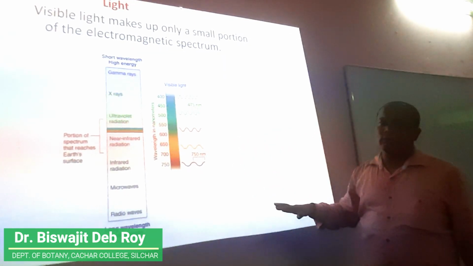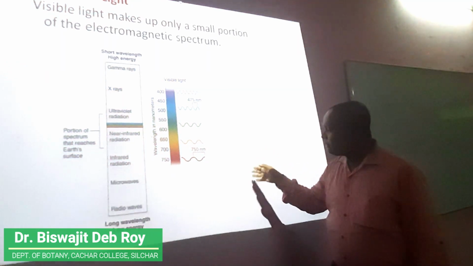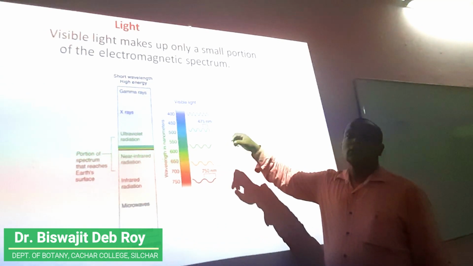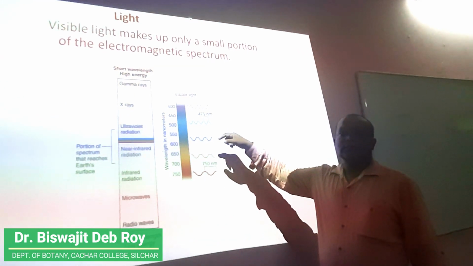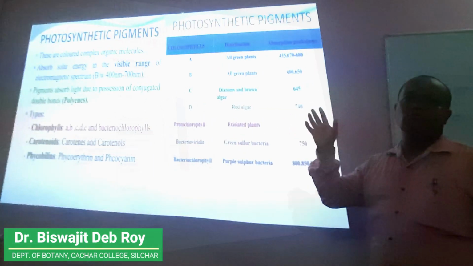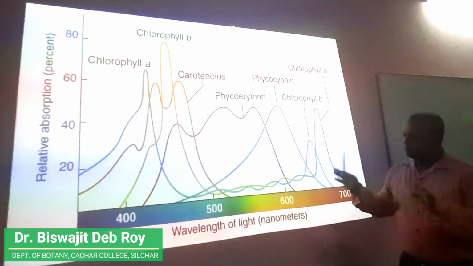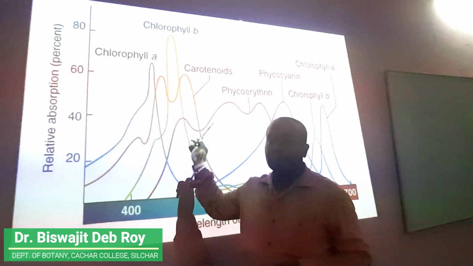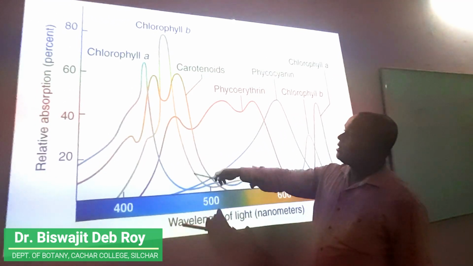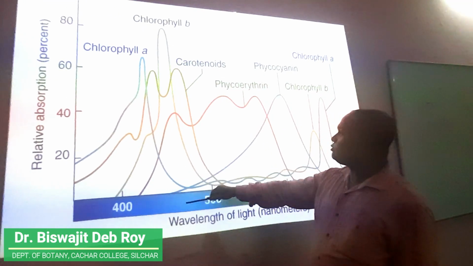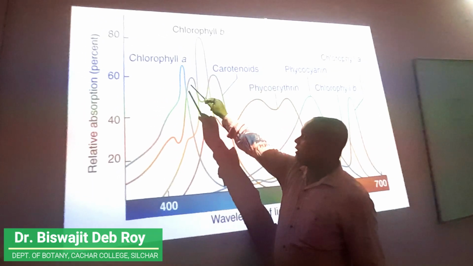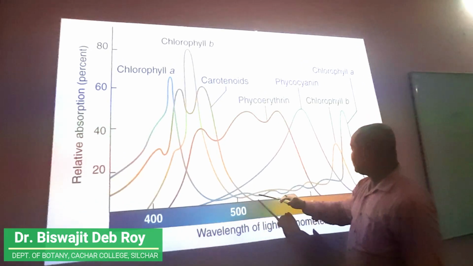And what is the absorption spectrum? In the x-axis we have the wavelength, and in the y-axis we put the absorbance. You see the wavelength maybe 400, 500, 600 and absorbance is known. This is the absorption spectrum. For chlorophyll, maximum absorption occurs nearby 420 or 450. Then a sharp decrease.